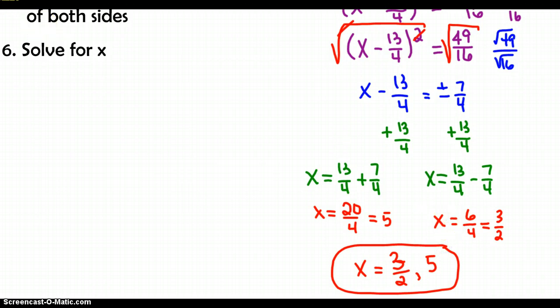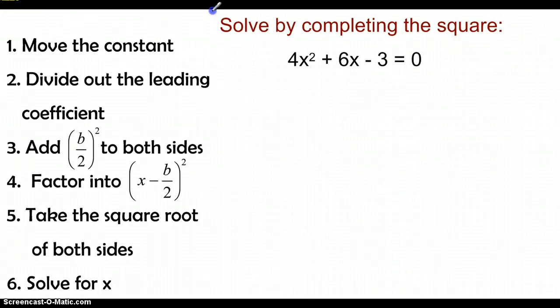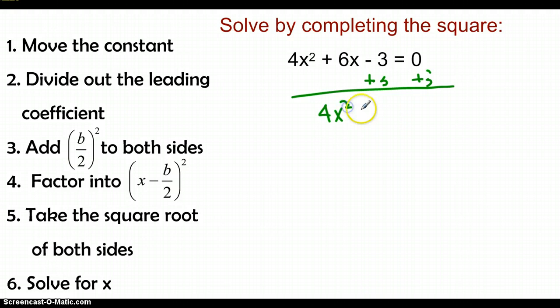So let's try that again, taking a look at another example. We know all our steps now. So move the constant to the right-hand side. So we're going to add the 3 to both sides. So 4x squared plus 6x. Leave a space for your new c.